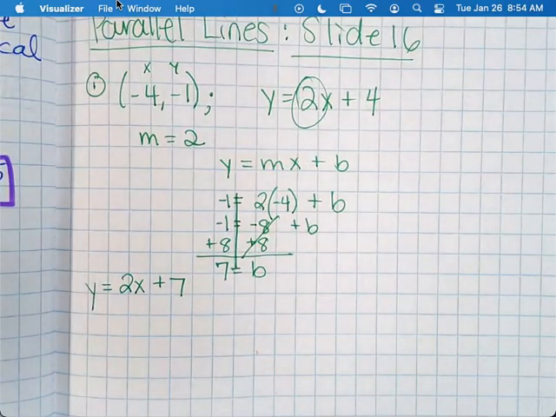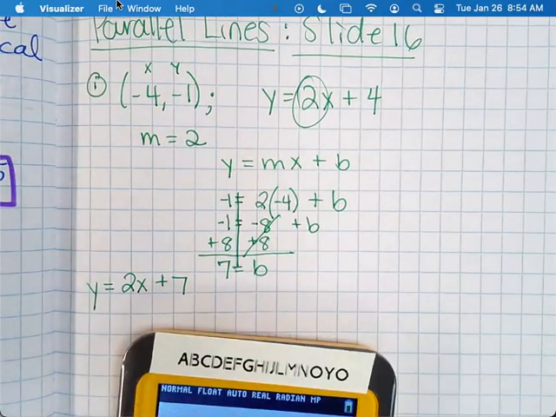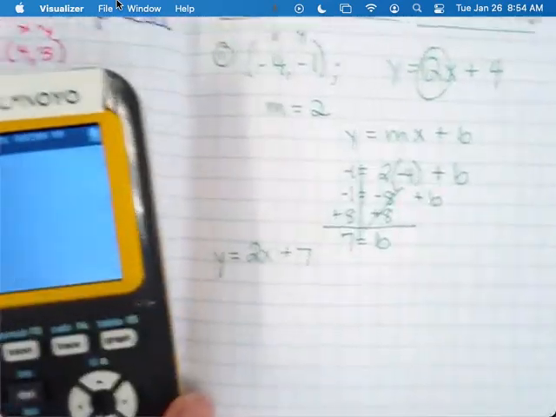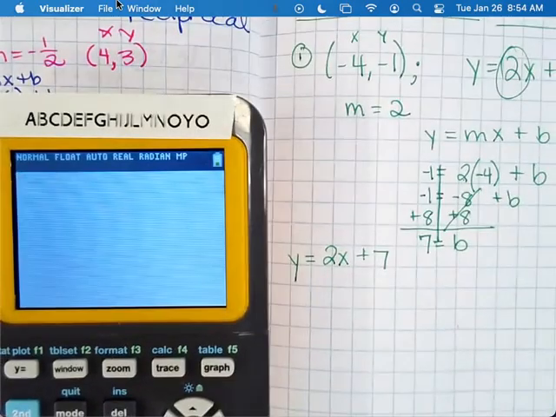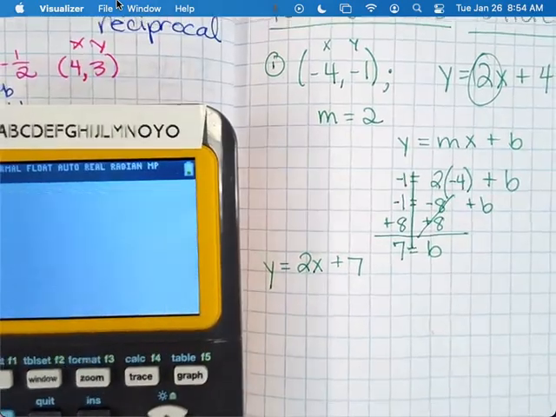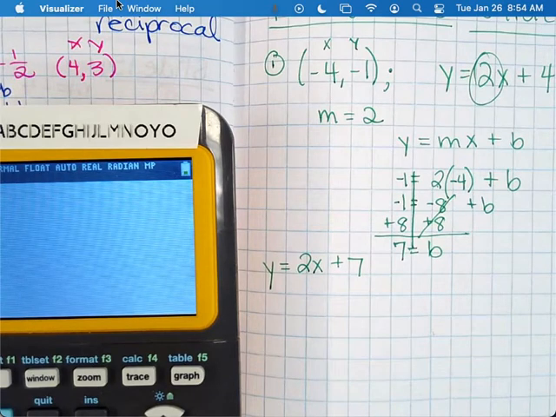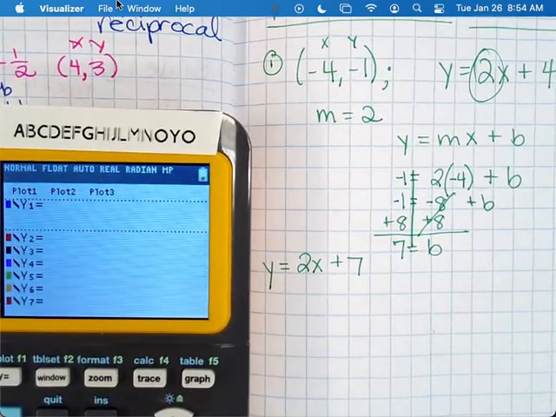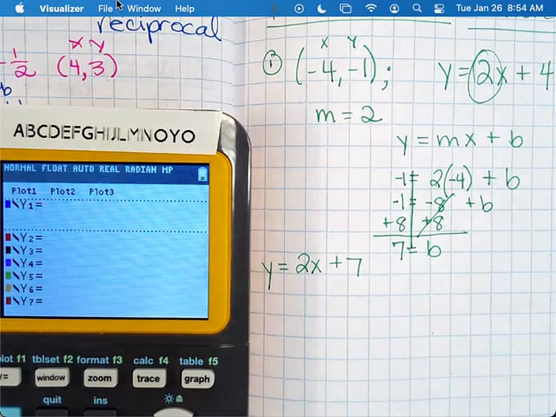So get your calculator out. If you don't have one on your desk, get one. Everybody should be putting this in their calculator right now. So go to y equals, clear out what's in there, and put in the given equation.